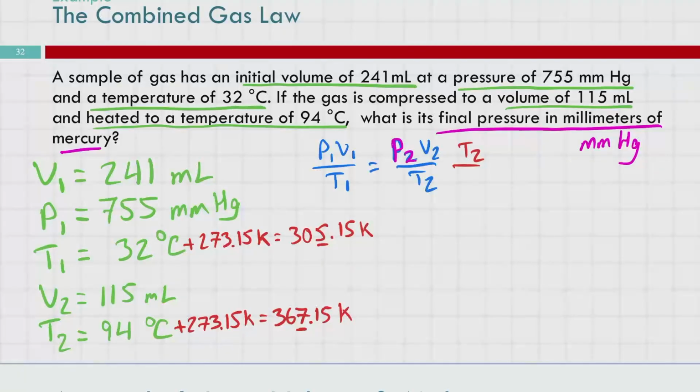So we multiply by T2 and divide by V2 on both sides so that our V2s and our T2s cancel out on the right side and they're moved over to the left side. And then for convenience's sake, I'm going to switch them left and right so that P2 is on the left, and we get T2 and V2, and all the rest of our variables.